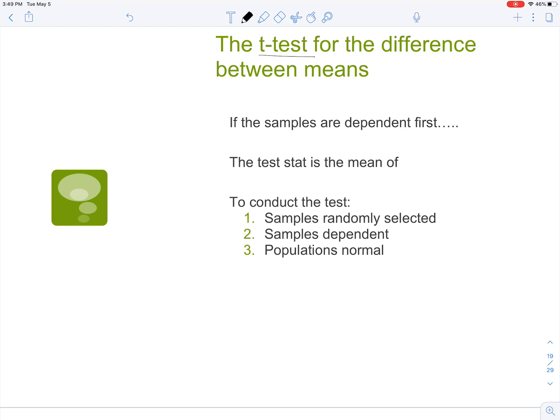If the samples are dependent, first we want to find the difference, or d, between each data pair. So we're going to start with x1 minus x2.